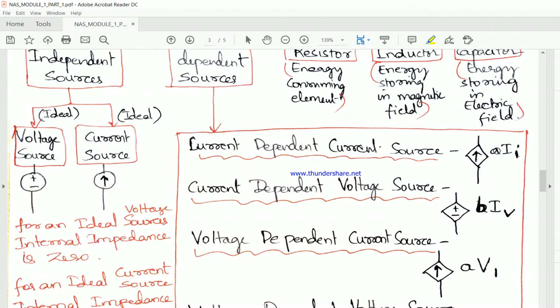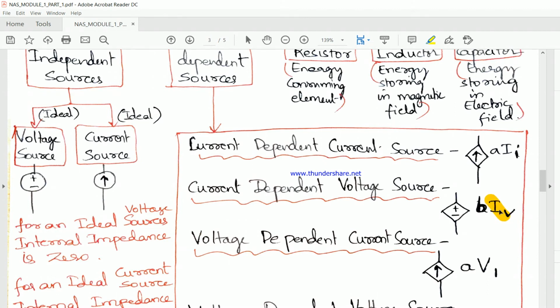Understood? Now you should see the parameter written with respect to that particular symbol. You see A into I. First of all, this is a current source, and A into I means this is a current value. Therefore, this is a current dependent current source. I means current, right? Similarly, you have plus and minus, which means it is a voltage source, and you see a current value here.